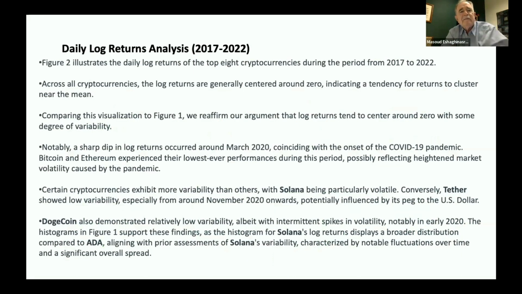If you go back to the return analysis, the previous and the new one, you can see a lot of things you can talk about. You can talk about what happened to Dogecoin in this period of time and what happened to different coins, and you can explain why this happened.